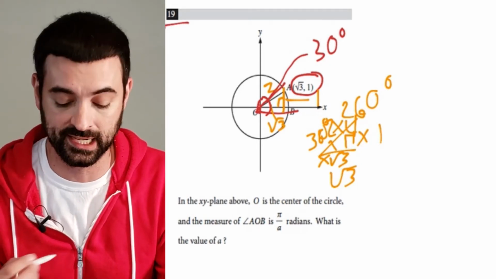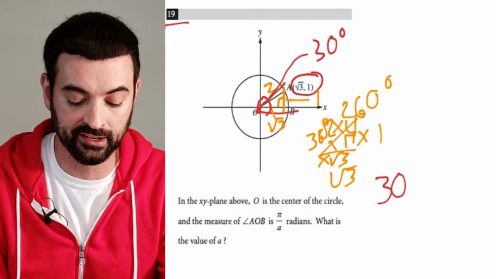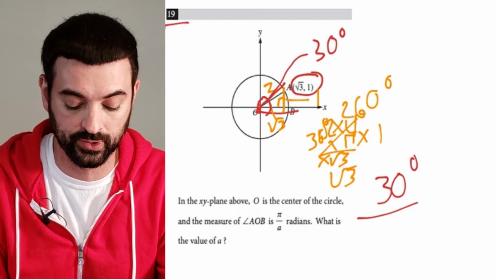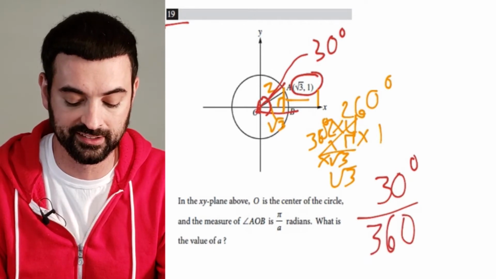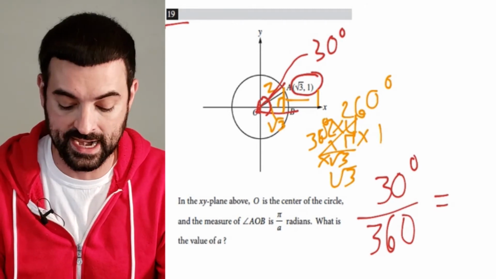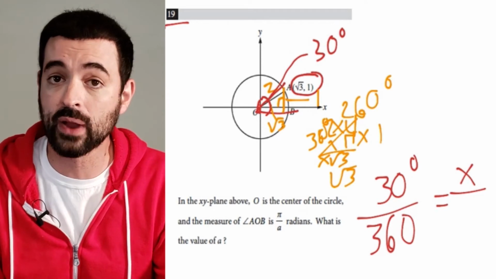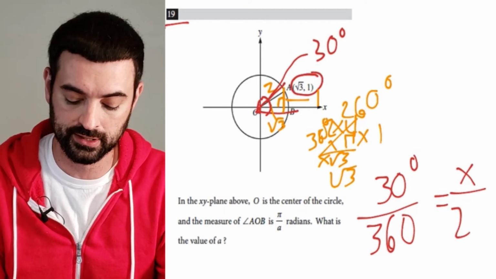Our last step, and because this is a number 19, they always add something extra, we need to convert 30 degrees to radians. So 30 degrees out of 360 degrees is the same as some number of radians, we'll call it x, over the number of radians in a full circle, which is 2 pi.